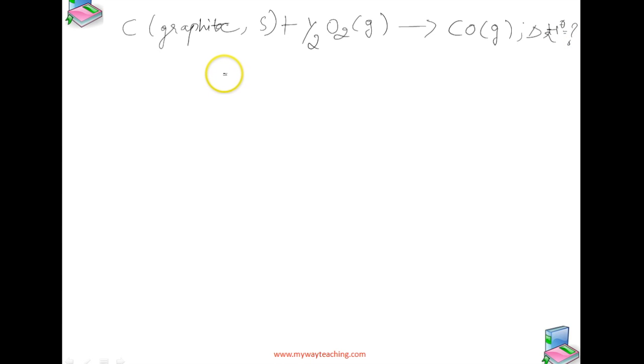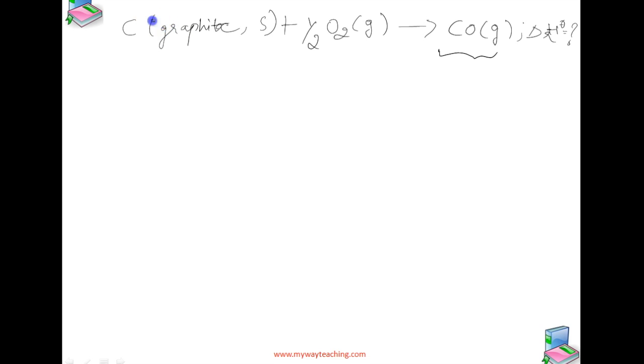Although carbon dioxide gas is the major product, some carbon monoxide, CO, is always produced in this reaction. Therefore, we cannot measure the enthalpy change for the above reaction directly. However, if we can find some other reactions involving related species, it is possible to calculate the enthalpy change for the above reaction. Let us consider the following reactions.